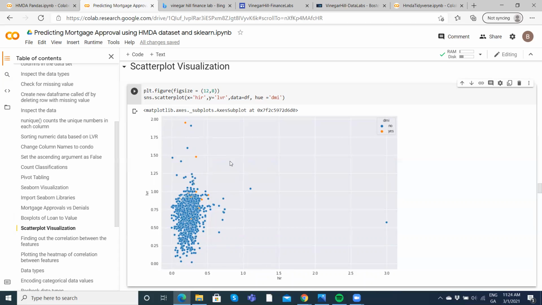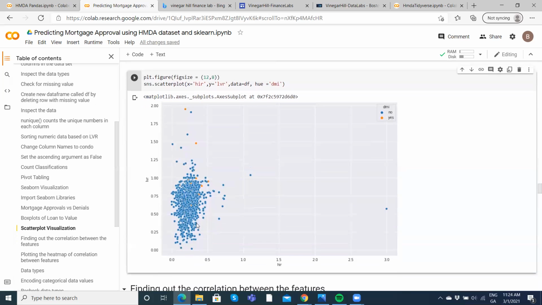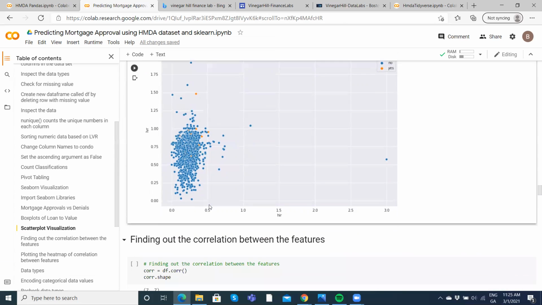But again, it's not a completely clean set of lines. And so perhaps what we're looking at here is a lot of human behavior. Each applicant is being assessed perhaps by different banking institutions, different lending officers. So it's hard to really aggregate all this into very clean delineated patterns. That's an issue that arises with this data.